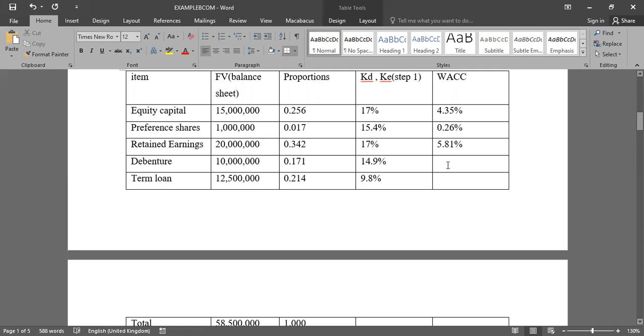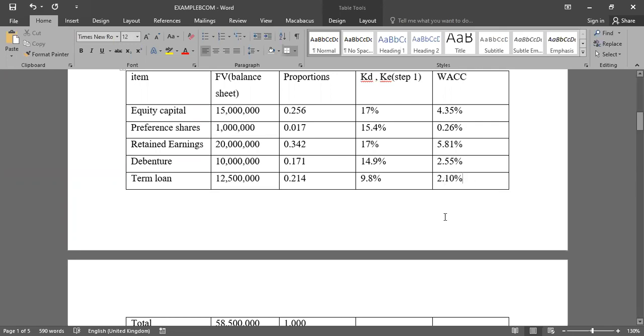Okay, 0.171 times 14.9. It's 2.55. Then I add percentage. Okay, then 0.214 times 9.8. You have 2.0%.